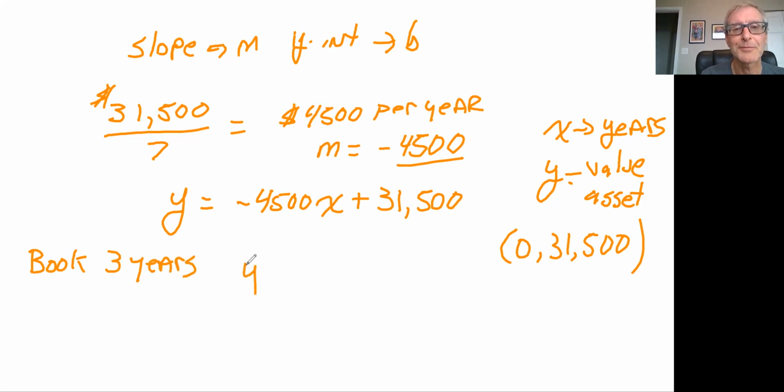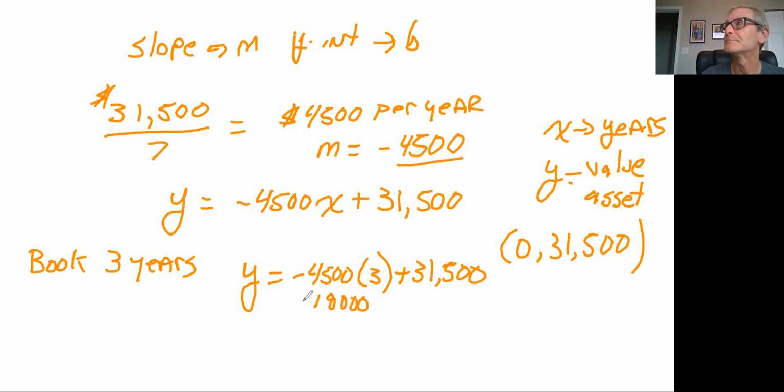Well, you would just plug 3 in for X, and you would see what it would be. So if you did this calculation, that would be 18,000 there, minus 18,000. No, plus 18,000, sorry. So just pull out my calculator here. So 4,500 times 3 is 13,500.